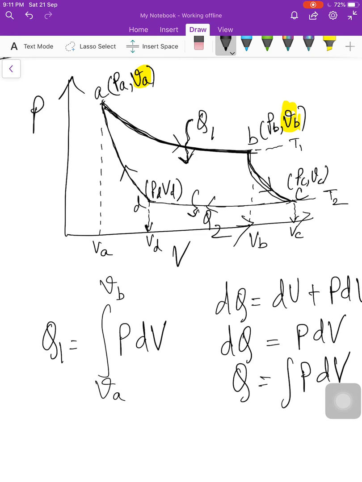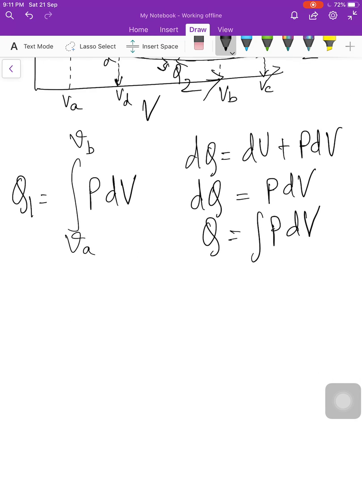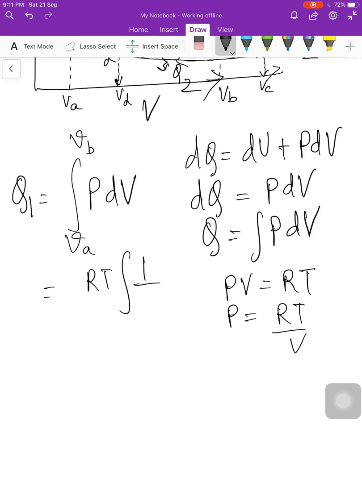Now as we know, for an ideal gas, PV is equal to nRT. Here the number of moles I'm taking is 1. So I have P equals RT by V. RT is constant, so I take it out of the integral. I just write the integration of 1 by V dV.